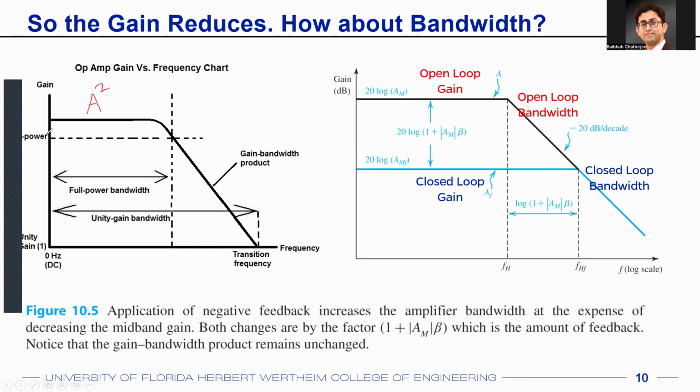And at the half-power point, your power gain would be A squared divided by 2. That's why it's called half power. And if power is A squared over 2, the voltage gain is the square root of A squared over 2, which basically becomes A divided by square root of 2, or A divided by 1.414, which is equal to 0.707 of A. We saw that table in the last class.